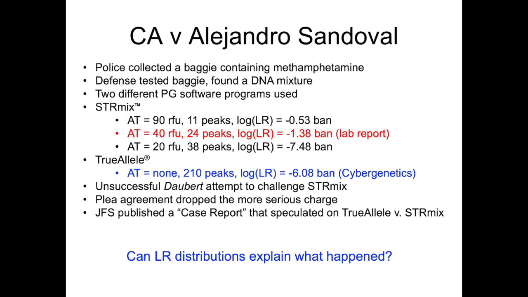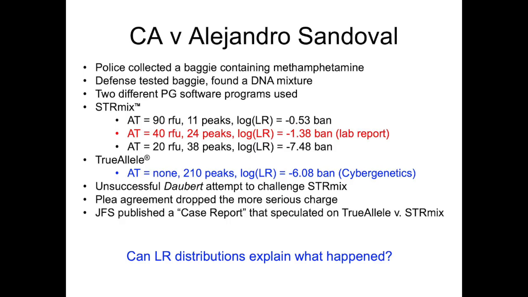Other runs on this data: if you give it a lot less data and run it at 90 RFU in StarMix, you only get 11 peaks across these 21 loci, and you get to negative half a band, which is something like a third, a very small number.